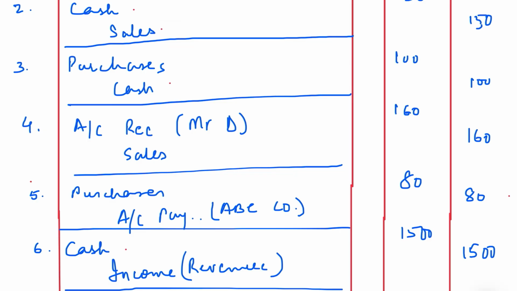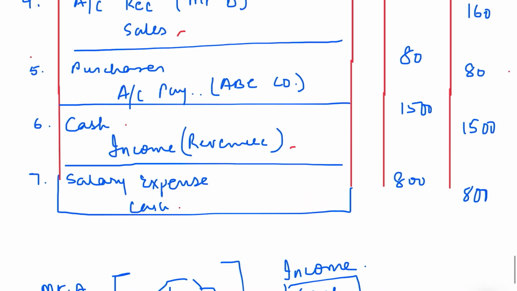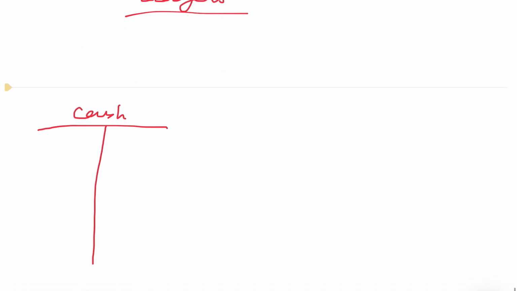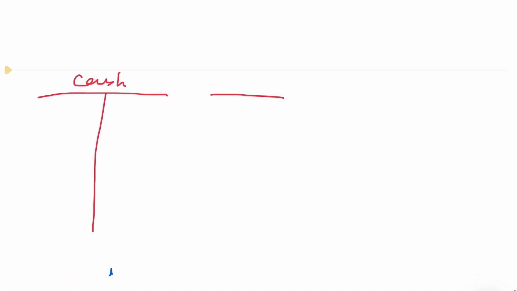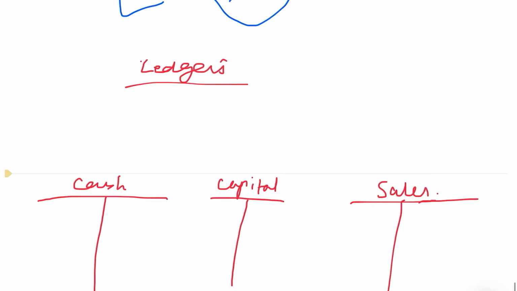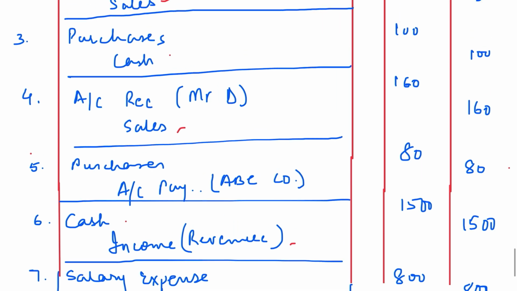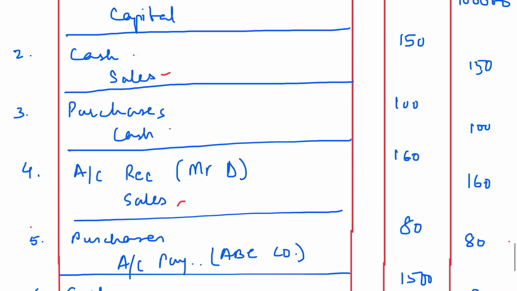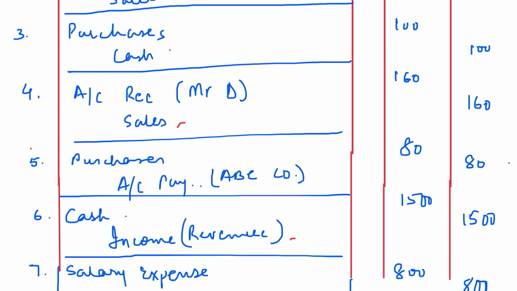This is 1, 2 and then 3. So after cash we will make capital account, then sales account, sales ledger. Then next, we have purchases, account receivable, account payable and salary expense.